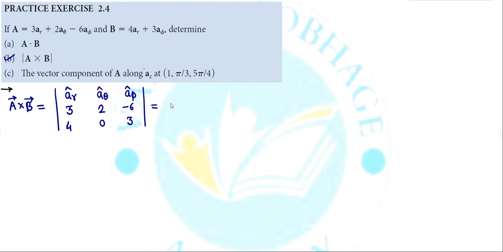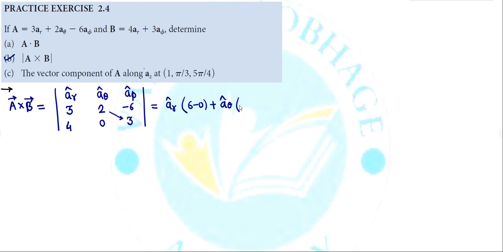So very firstly we are going to write this AR as it is. Now take the cross product. So what will be the cross product for that very first bracket? This will be 2 into 3, so that will be 6. Then minus 6 into 0, so that will be 0. Then plus A theta as it is over here. Then next is the cross product between minus 6 and 4.